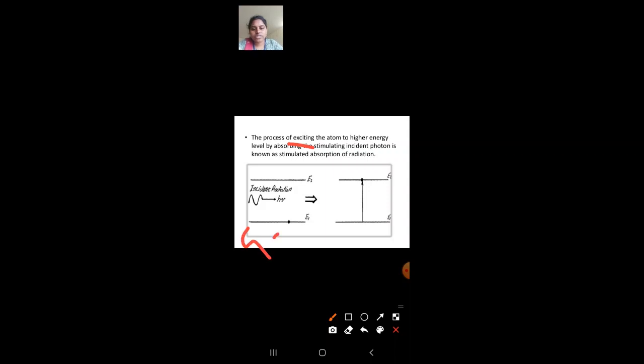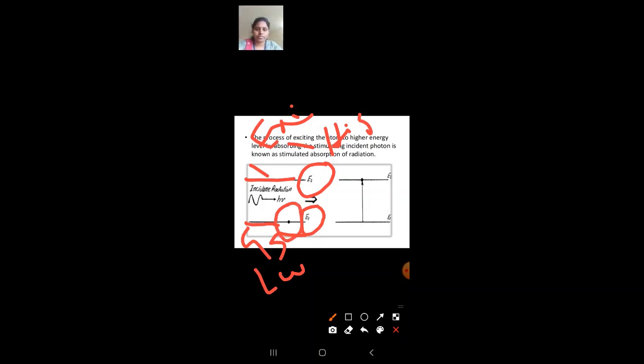We will see this picture. This is the ground state or lower state, and this is the excited state or higher energy state. In the ground state, particles have some energy E1, and in the excited state, particles have some energy E2. Here we consider only one particle in the ground state. Now we supply energy to the atom in the ground state.